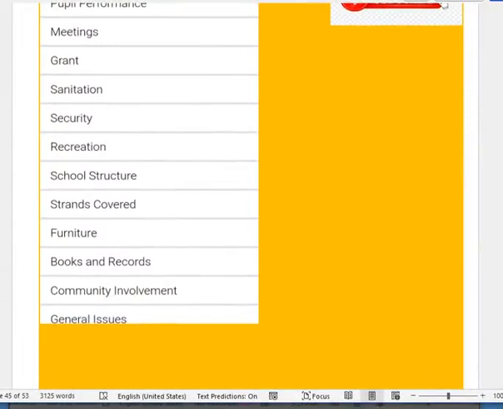Then finally, general issues. You will be required to submit this information on the mobile school report card application.